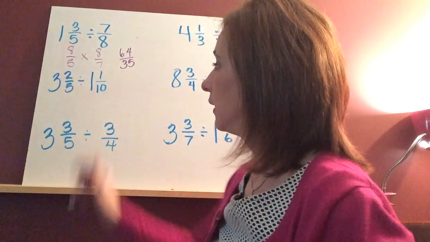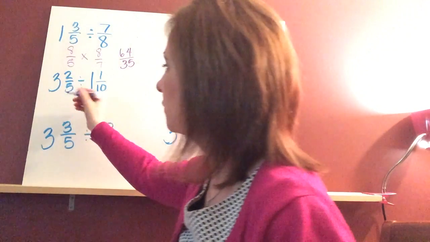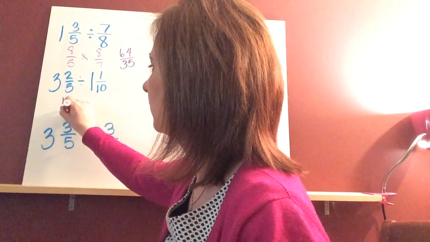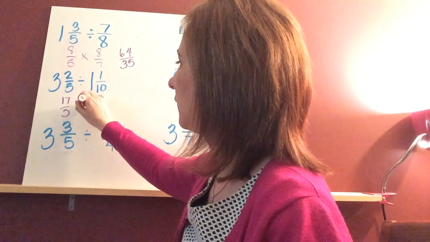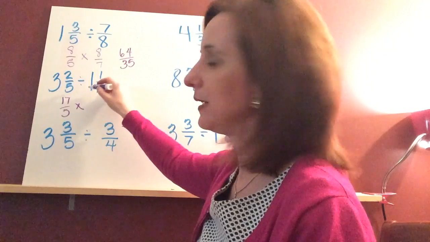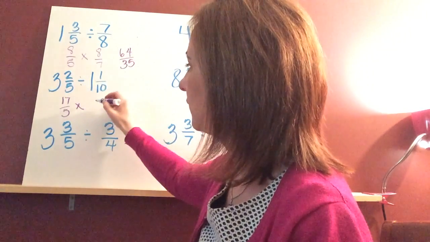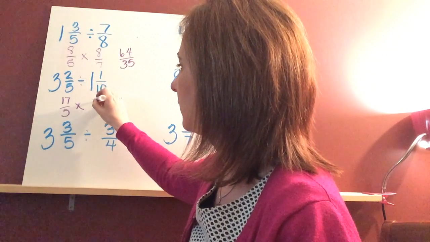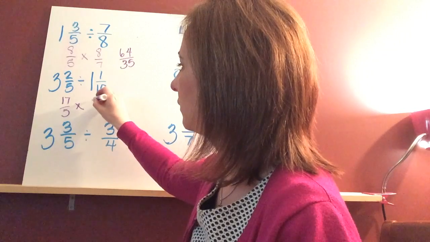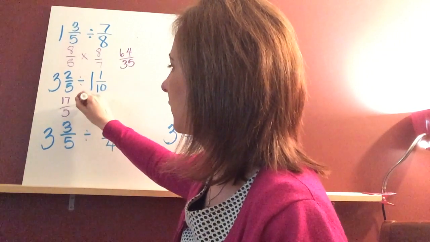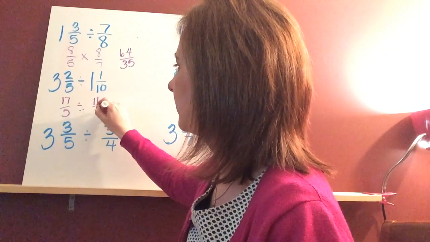Let's try here. 5 times 3 is 15 plus 2 is 17/5 times 10 times 1 plus 1 is 11/10. We'll fractionize it first. 11/10.